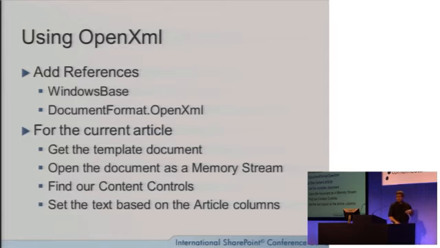You'll get a compiler error if you don't. Some of the classes in DocumentFormat will require WindowsBase. So this is not going to work in an online scenario because you need to install custom code in the GAC.